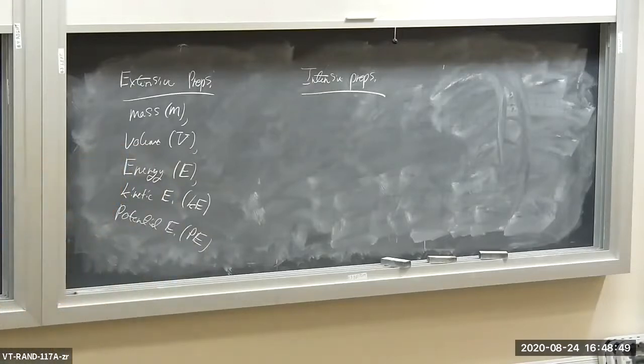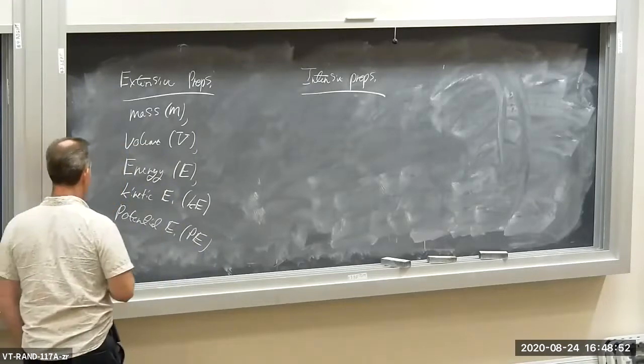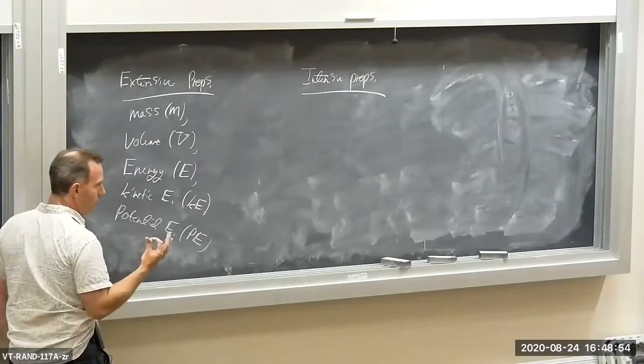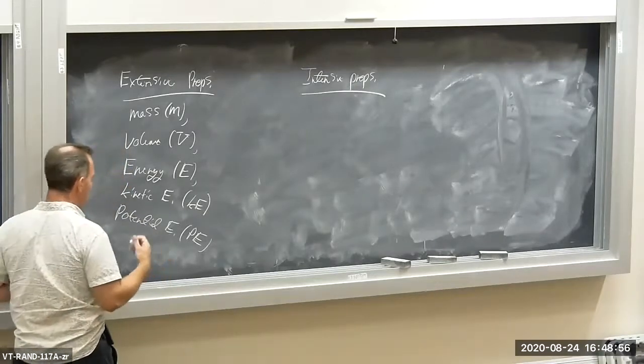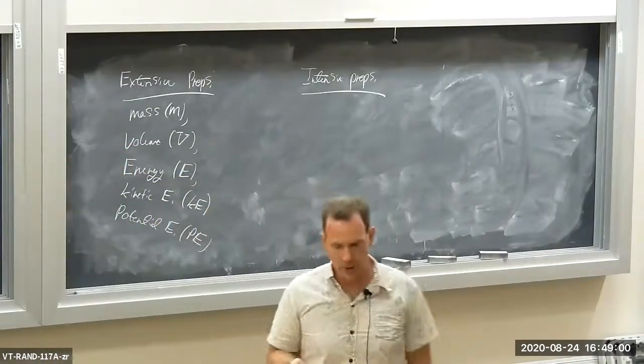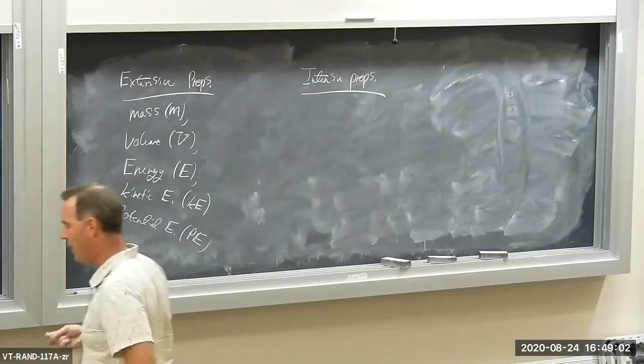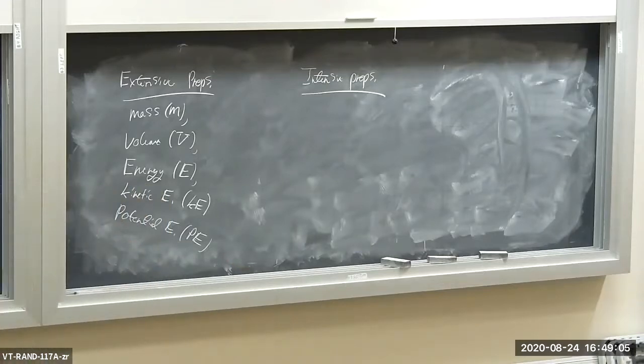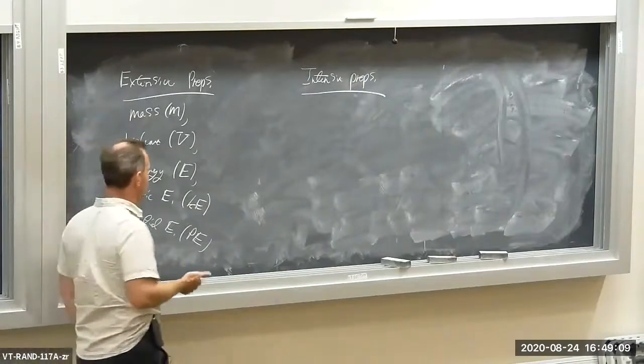And internal energy, that's also, the bigger the system is, the more internal energy you have. Remember, internal energy was directly a function of temperature. The hotter something is, the more internal energy it has.